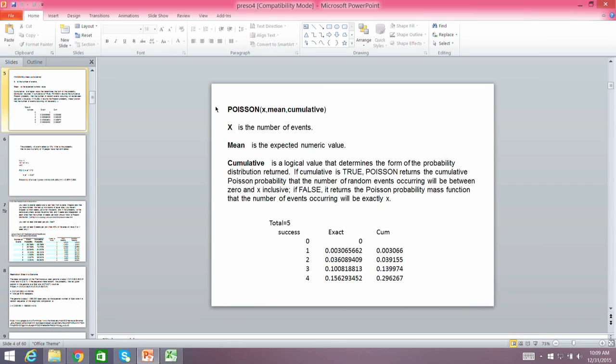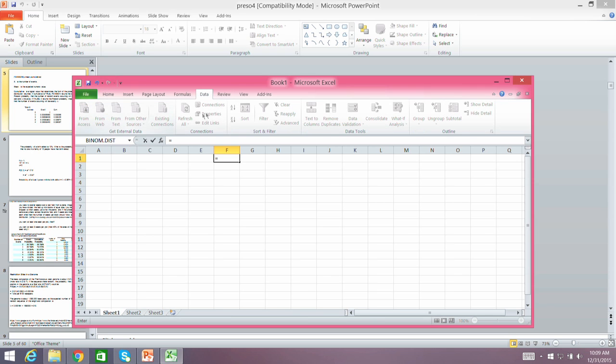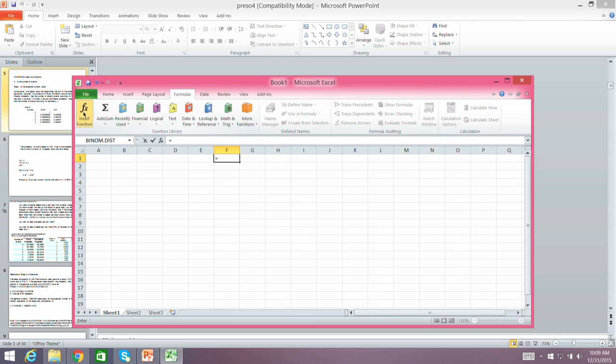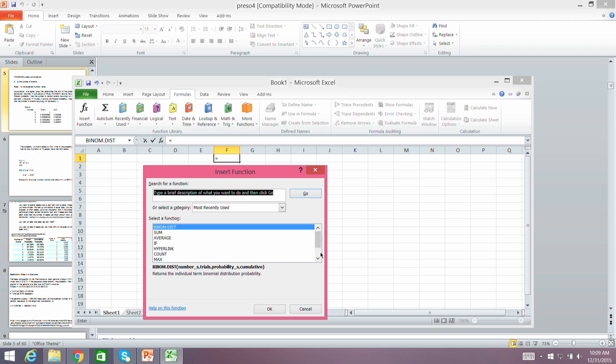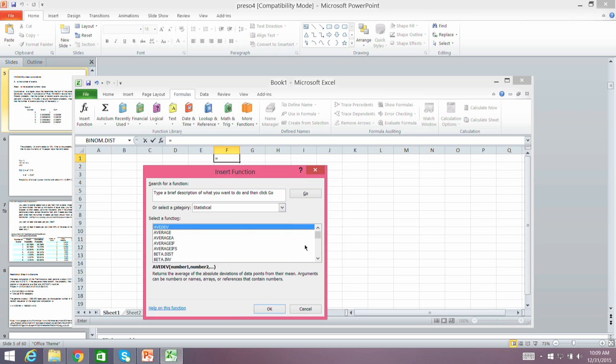Let me do that. Okay, we go to Excel. So we say equal to, okay, data, yeah, sorry, formula. So we have the statistical, then we have the Poisson.